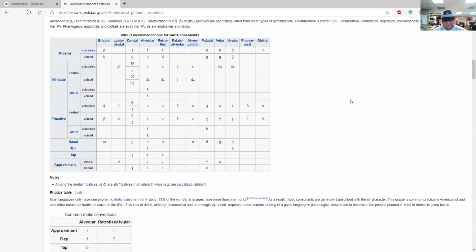All right, just to give you a good idea, here's your same chart, same thing, but not in Lushootseed. This one is actually in American English. The IPA, International Phonetic Alphabet for American English.